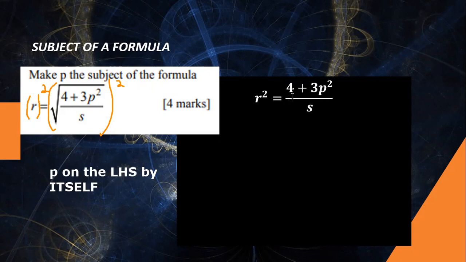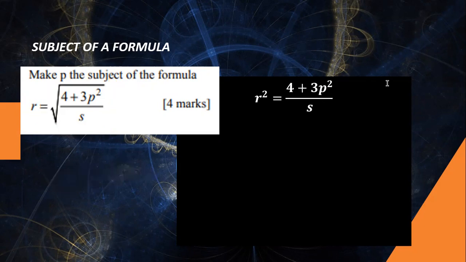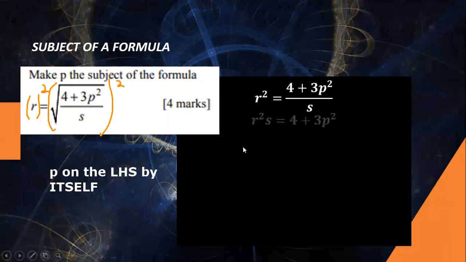So the first thing we need to do is get rid of this fraction form. I'm going to multiply the right-hand side by S, and if I multiply the right-hand side by S, I have to multiply the left-hand side by S. So it looks like this.